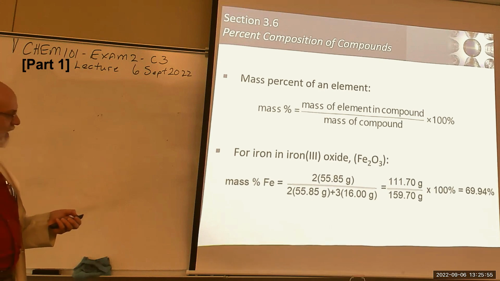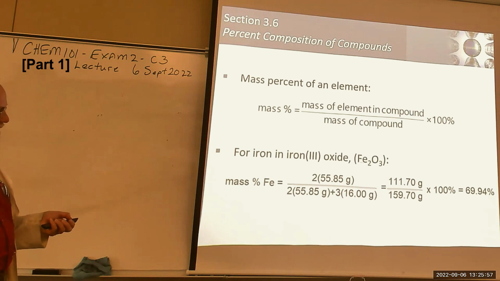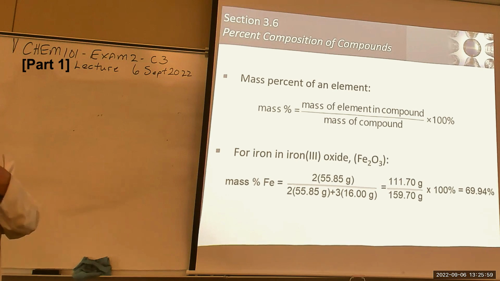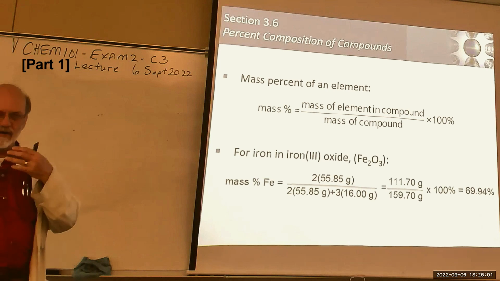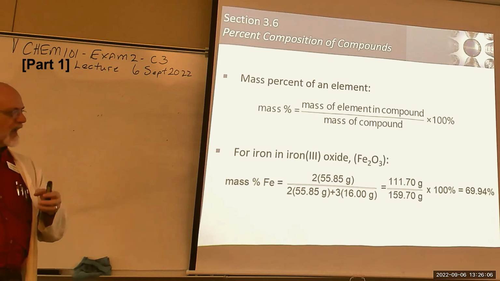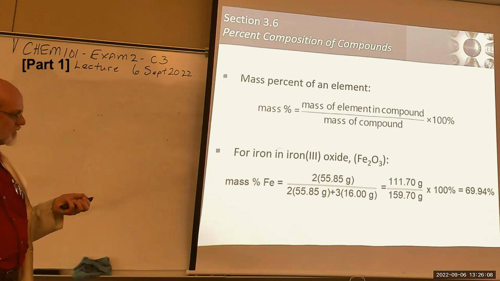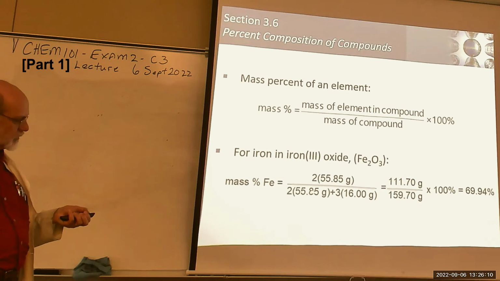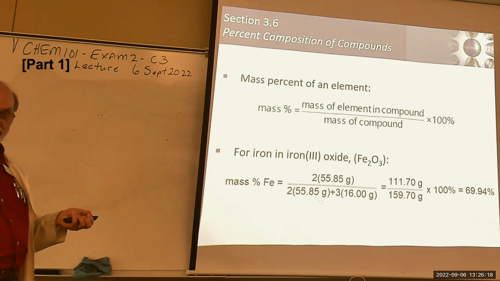So the mass percent of iron, we just say, how much iron is there? Well, we need a standard, a reference. So we're going to stick to 1 mole. How much does 1 mole of this compound weigh? Well, there are 2 irons and 3 oxygens. There's your mass. 1 mole of that compound weighs this much.